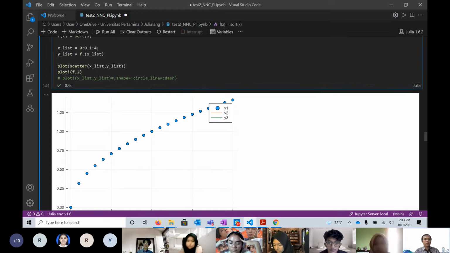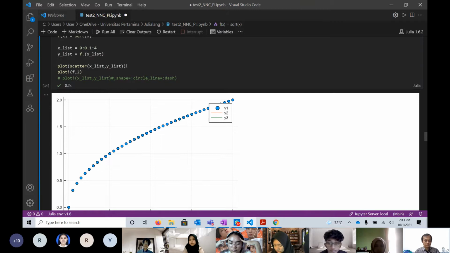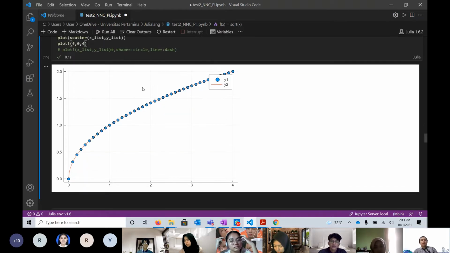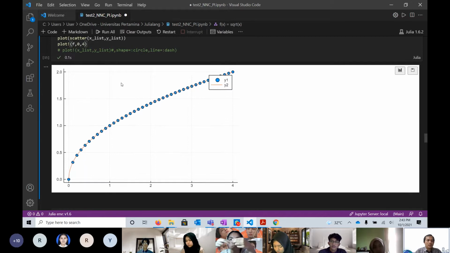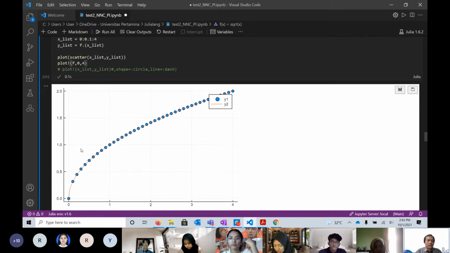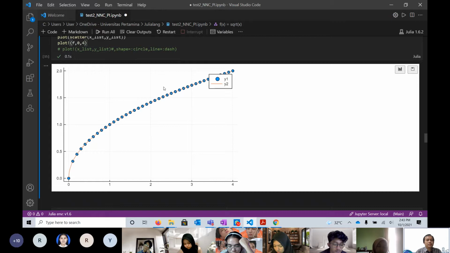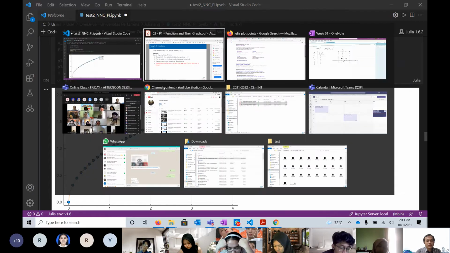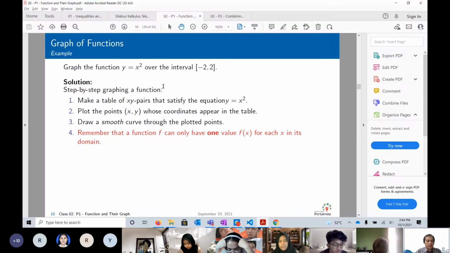So when we choose a function, we can only have one value of f(x) for each x.